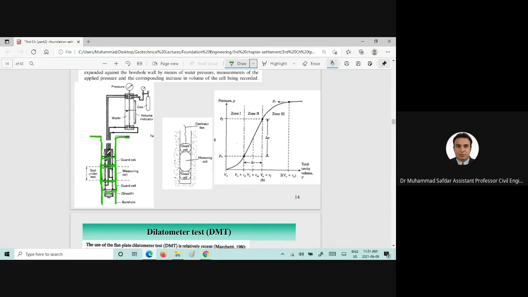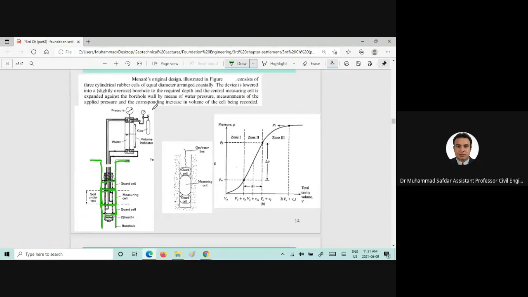And this measuring cell, using the water pressure, will try to expand into the soil, and that soil is under test condition.